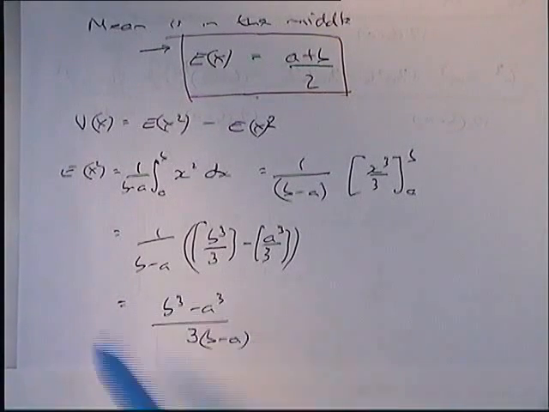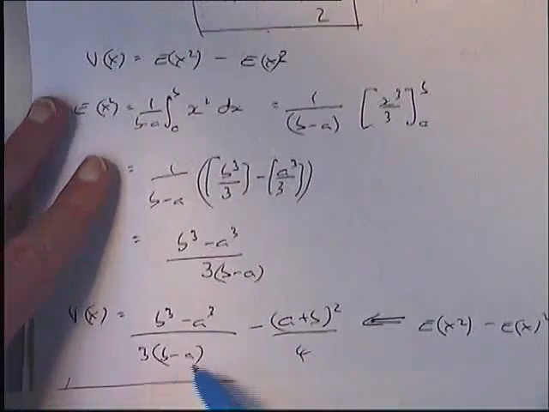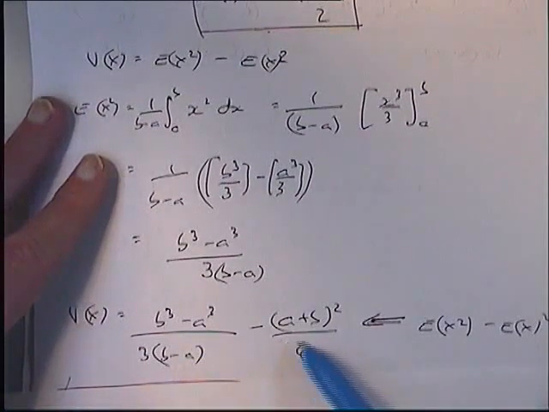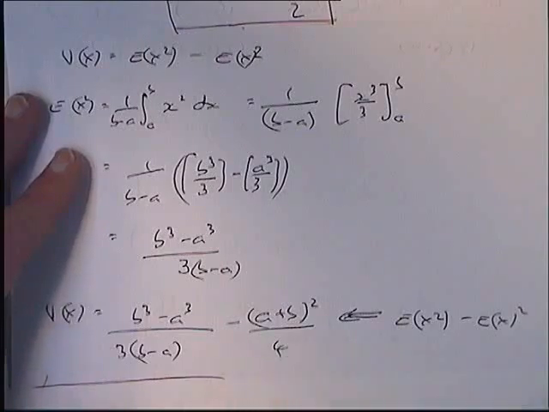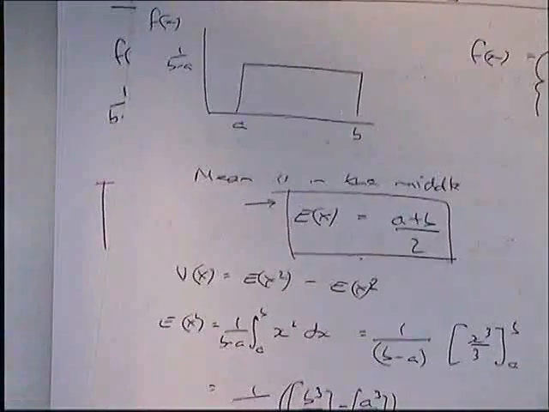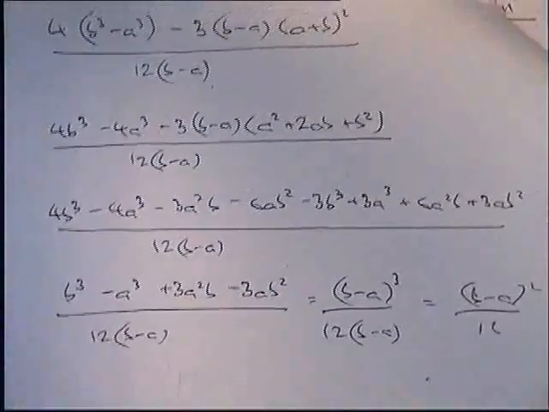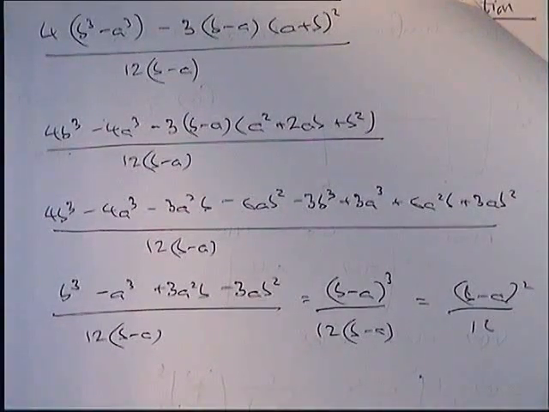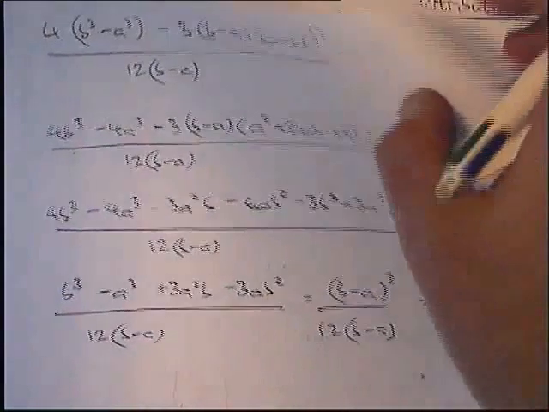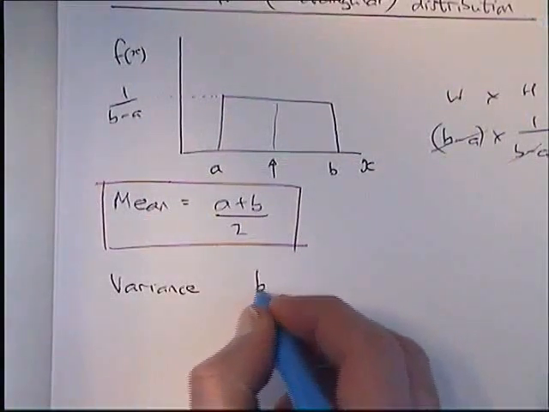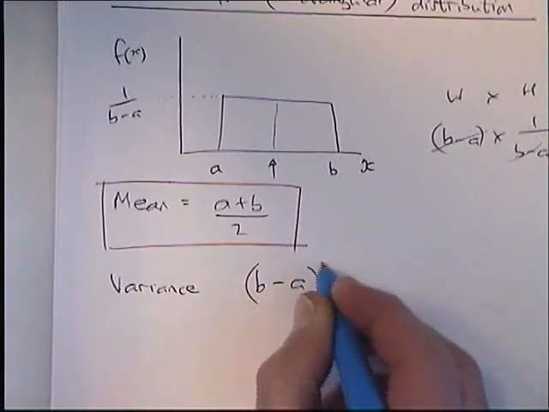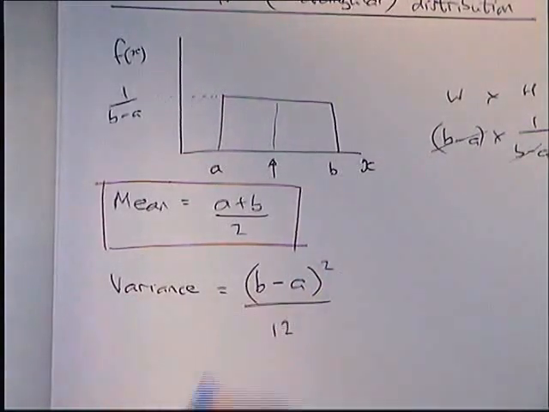Then the variance is the expectation of x squared, take away the expectation of x all squared, which gives you that. And if you then multiply it all out and simplify it, you get down to this thing over here, which actually says (b minus a) all squared over 12.